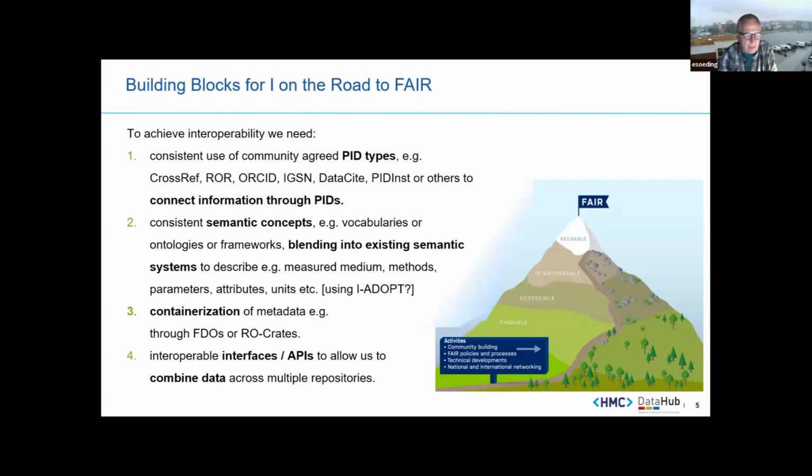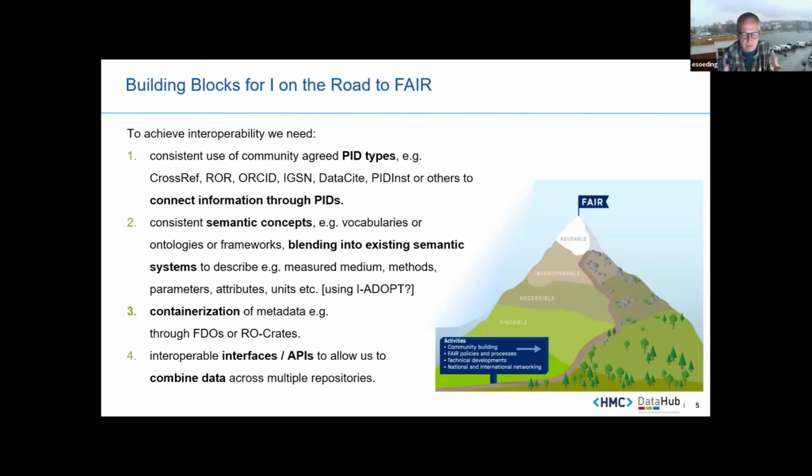If we look at the I, we find four big building blocks. The first building block is that we need to harmonize the use of types of PIDs, to be able to refer to the same information and to avoid redundancy in information.